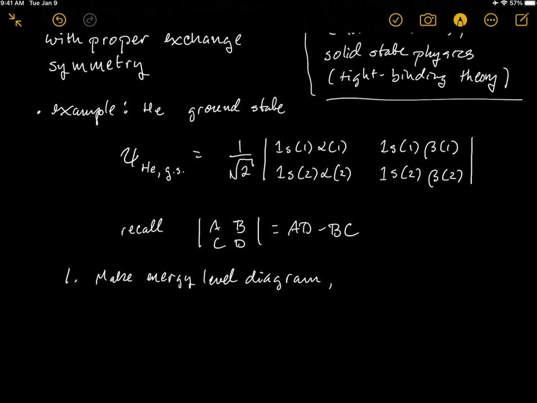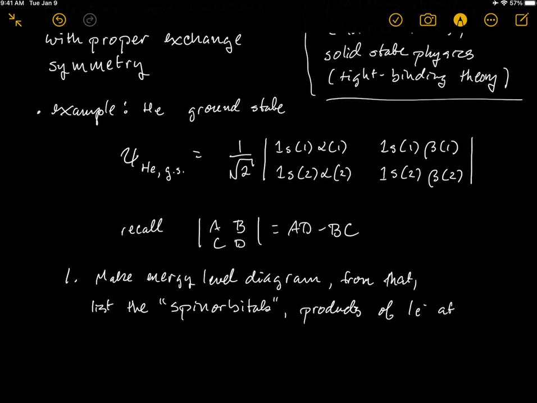And then from that diagram, list what we'll call spin orbitals, which are the products of, say, a one-electron atomic orbital, although this also works for molecular orbitals as well, and the spin wave function.